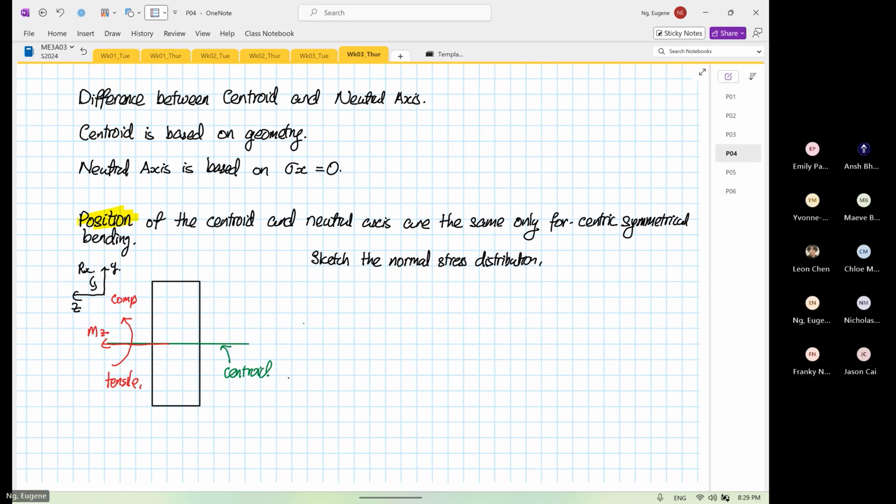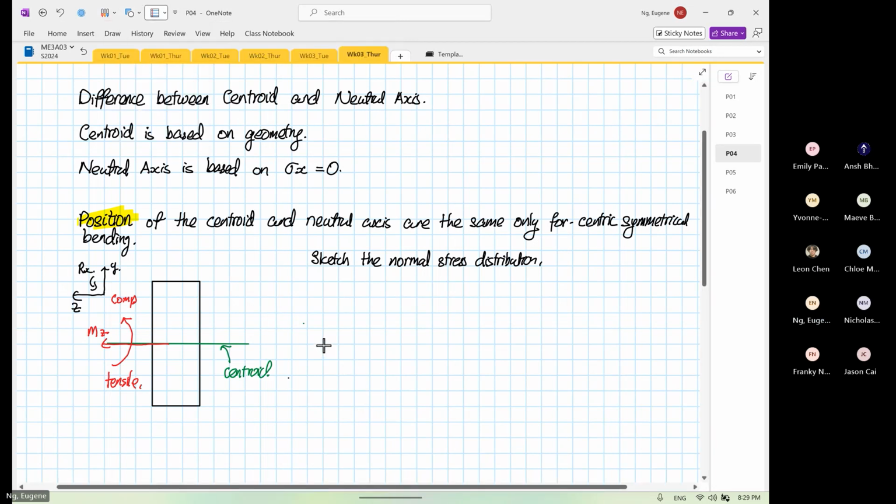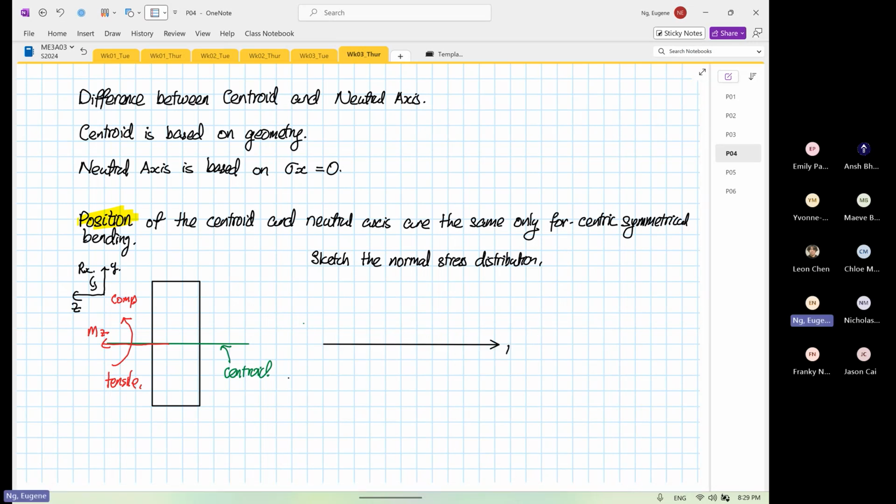Okay, so now on the x-axis, this is your normal stress in the x direction.